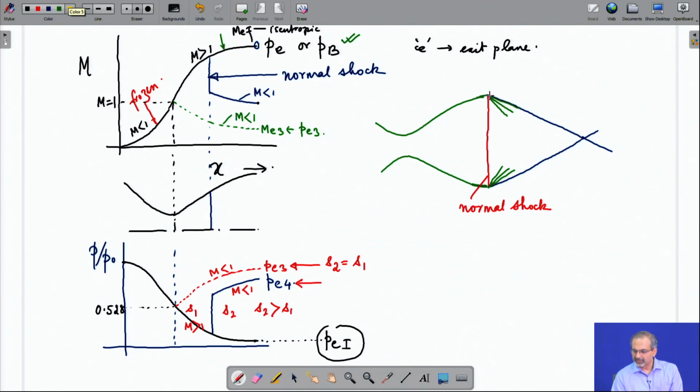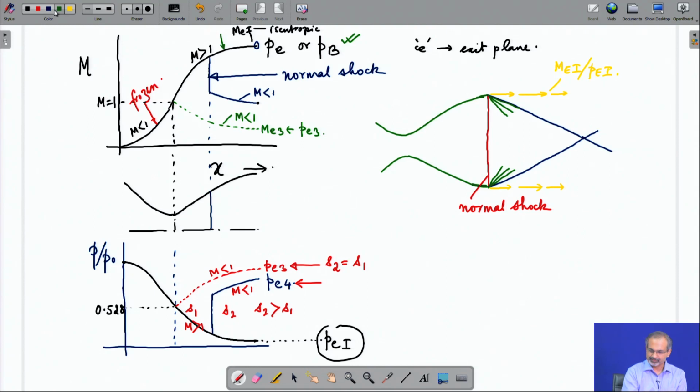Which was the possibility for MEI or PEI case? That case gave you a supersonic jet which was just moving out straight without creating any further waves in the flow field. So, this is the case for MEI or PEI.